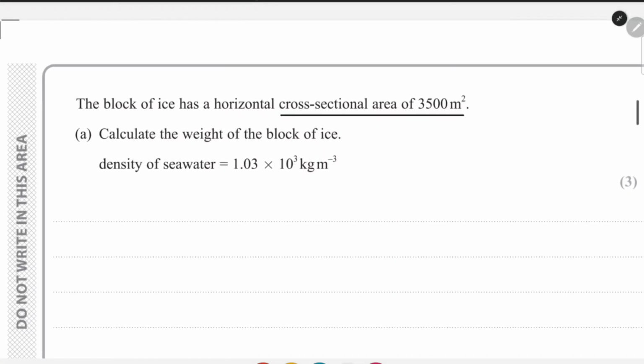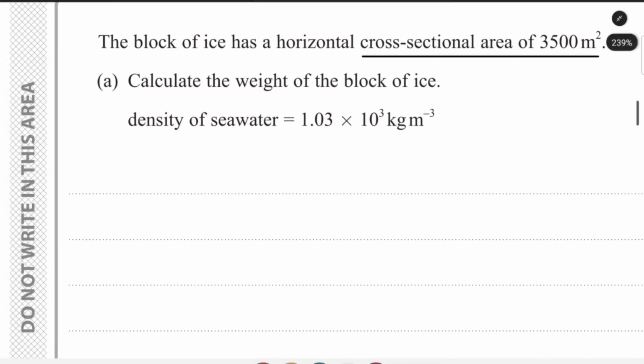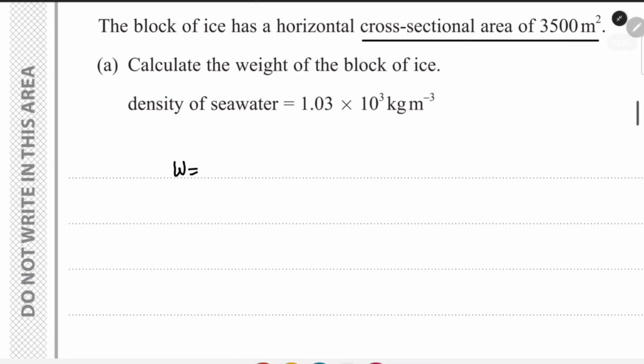We have to calculate the block of ice's weight. Since this ice cube is floating, it has its weight and upthrust on it because it's in water. Since it's floating, the weight and the upthrust must be equal to keep it at that height. So weight equals upthrust.